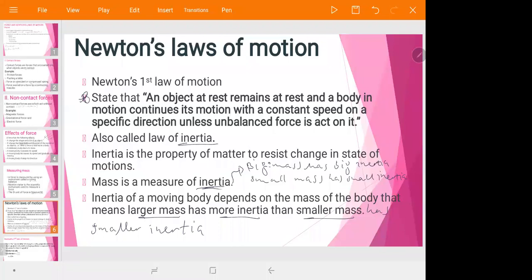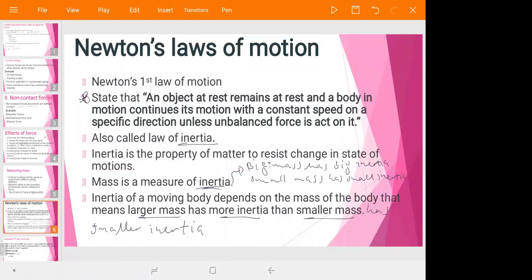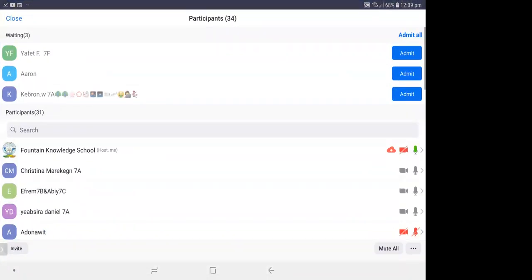So the inertia of a body depends on its mass. Therefore, Newton's first law is known by the name of inertia. Under Newton's first law, you must know what Newton's first law states.